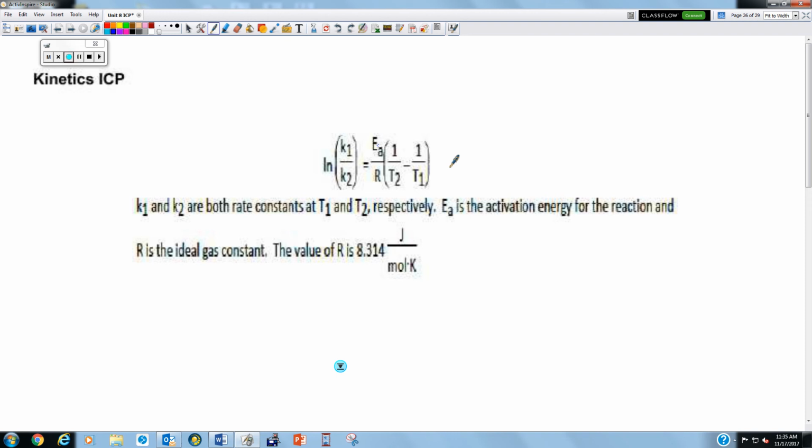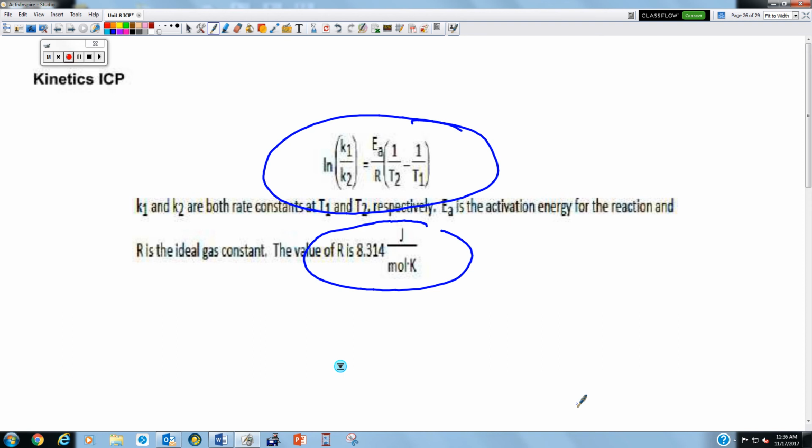So this is the linearized Arrhenius equation that we are going to be using: the natural log of K1 over K2 equals activation energy over R, same R, times 1 over temperature 2 minus 1 over temperature 1. And again, we are going to be using the ideal energy constant, not the gas constant, where we're using joules over mole K.